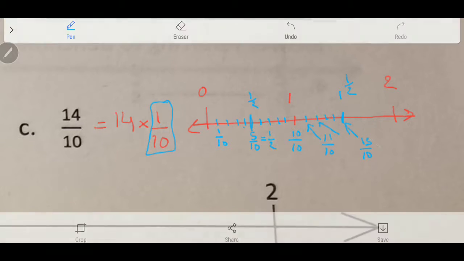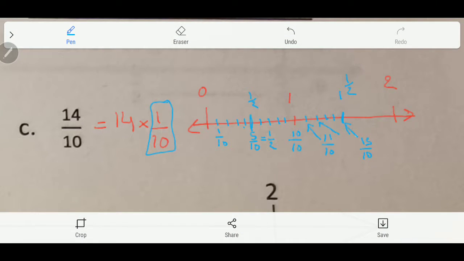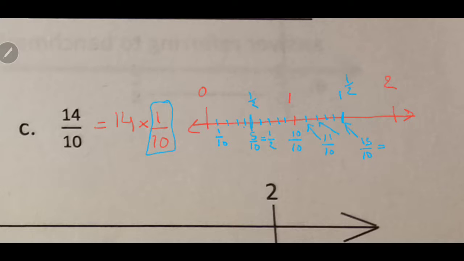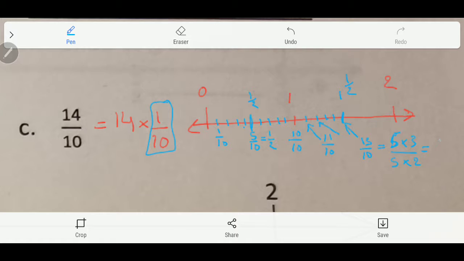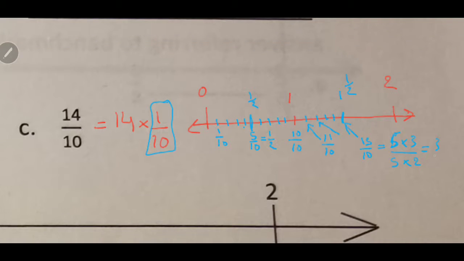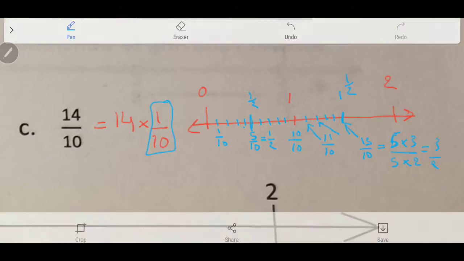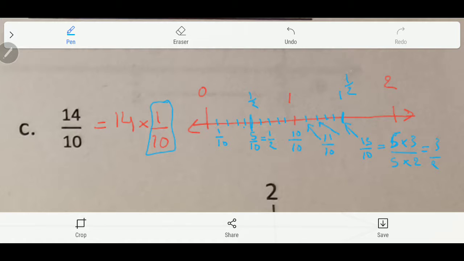That's three halves, because 15 is equal to 5 times 3, and 10 is equal to 5 times 2. If we cancel 5 from the numerator and denominator, we get 3 over 2, 3 halves. So this is exactly 3 halves.